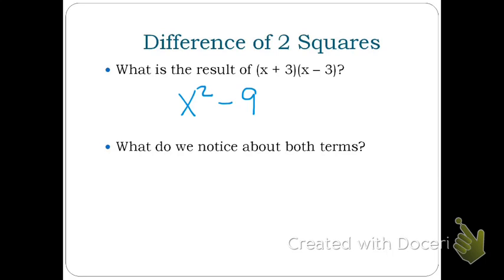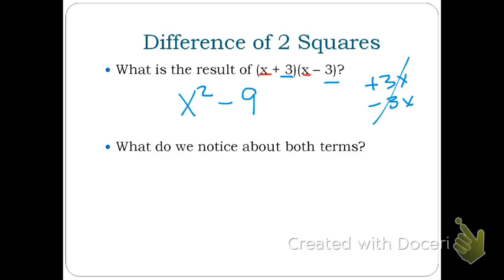No matter which method you used, you found that the two middle terms you combined were a plus 3x and a minus 3x that canceled out, and that's why there's no middle term. So what do we notice about both of these terms? Well, we notice that the numbers that we're adding or subtracting are the same, and our variables are also the exact same, x and x.